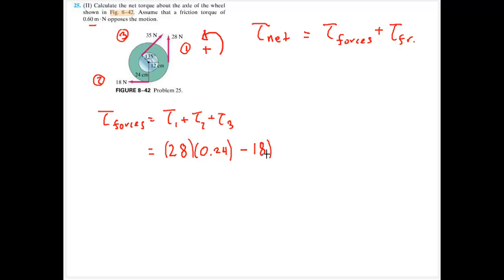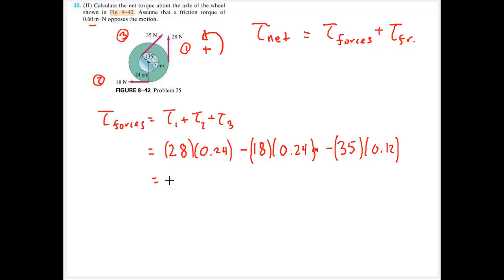The force is 18 newtons. The distance that's applied over is 0.24 meters. And last but not least, the 35 newton force number 3 is going to also be in the clockwise direction, so it's going to be a negative torque that's equal to 35 newtons multiplied by the 0.12 meters that force acts over.